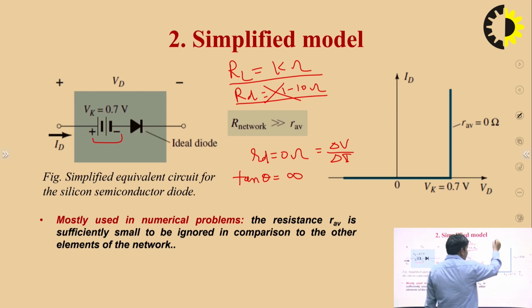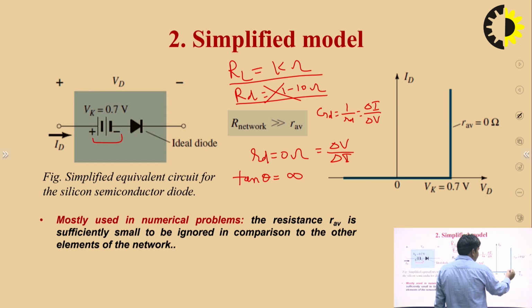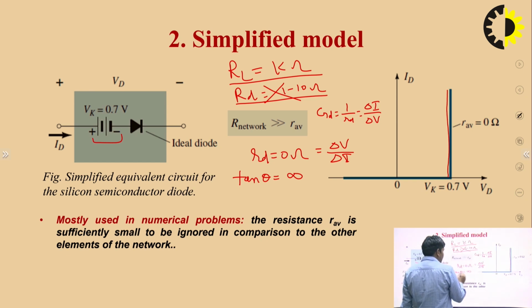But this is the y axis and this is the x axis, that means the y axis is I. So we can say this is conductance. What is the conductance? Conductance GD is the reciprocal of RD, equal to 1 by RD, or delta I upon delta V. So ideally this is 90 degrees, or we can say tan theta is equal to infinity, so theta is equal to 90 degrees.